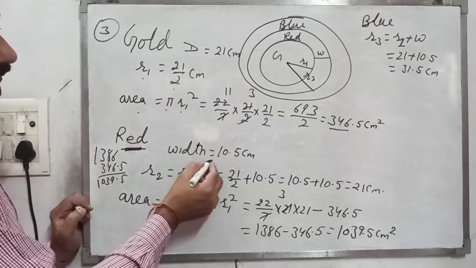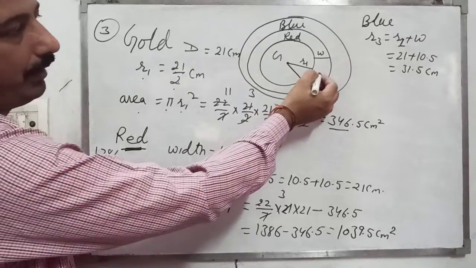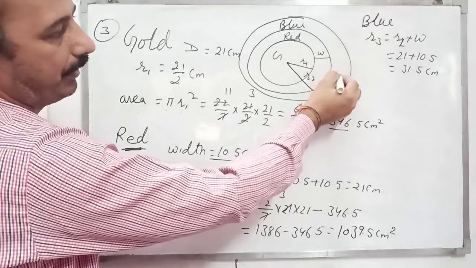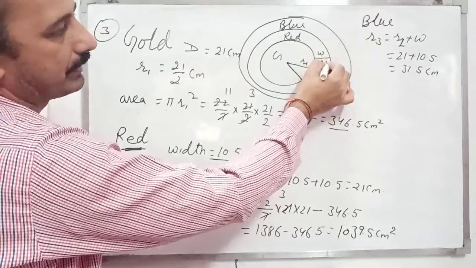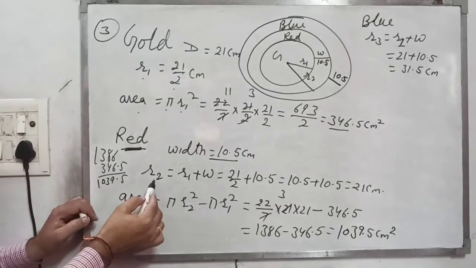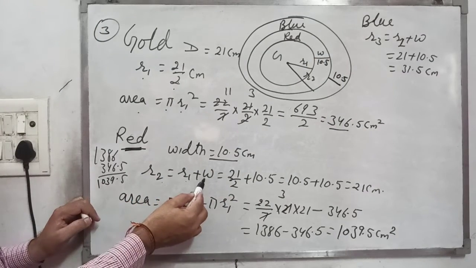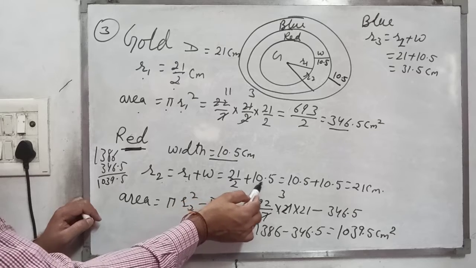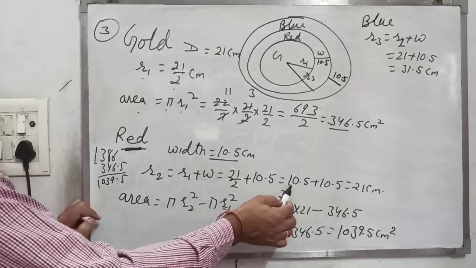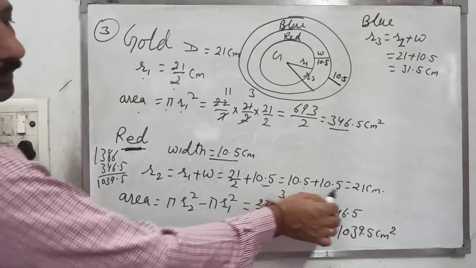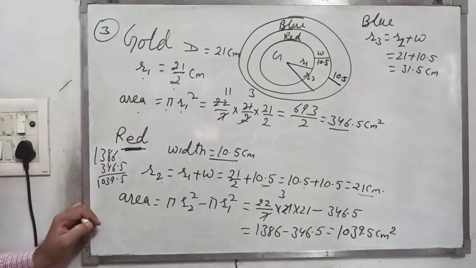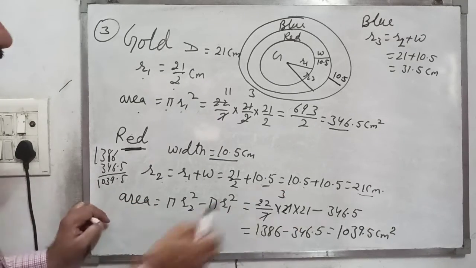Now we go for the red part. The red part's width is 10.5. Every increasing width is 10.5. So R2 becomes R1 plus width, that is 21 upon 2 plus 10.5, which becomes 21 centimeters. So the radius R2 becomes 21 centimeters.